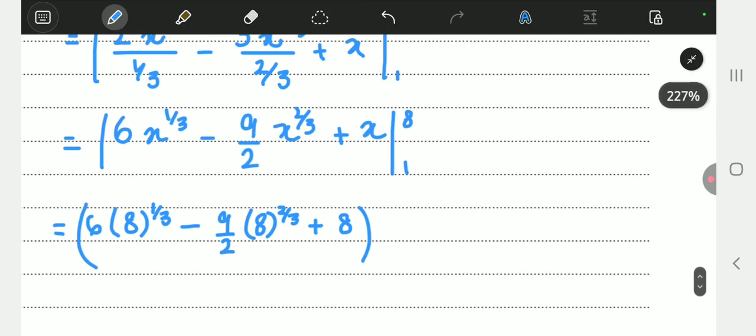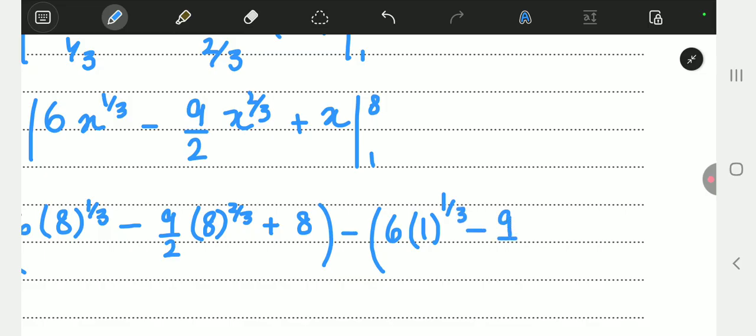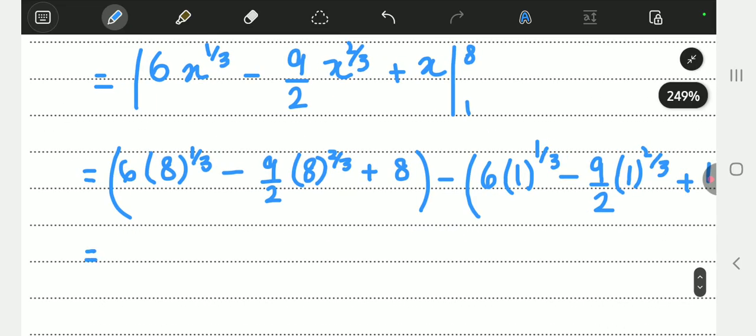Now for the lower limit, minus 6 times 1 to the power 1/3, minus 9/2 times 1 to the power 2/3, plus 1. Just calculate it directly with the calculator.